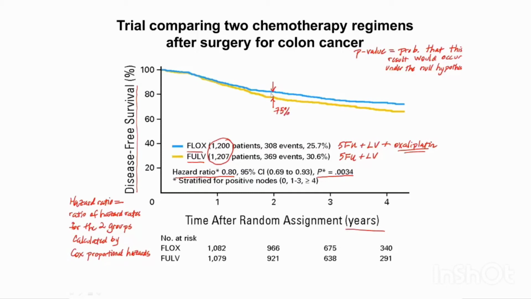However, what would be the chance that you would remain disease-free had you added the oxaliplatin? And that roughly here is about 80%. So by adding oxaliplatin, you've increased your chances of being disease-free from 75 to 80%. So there's a 5% benefit here.